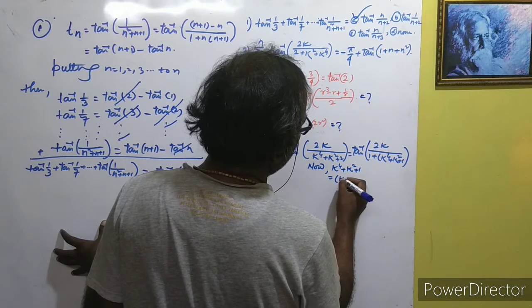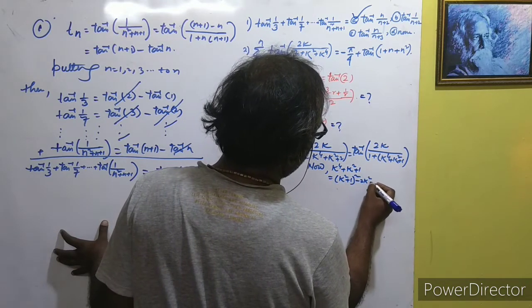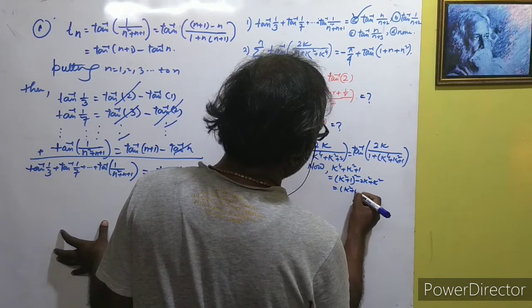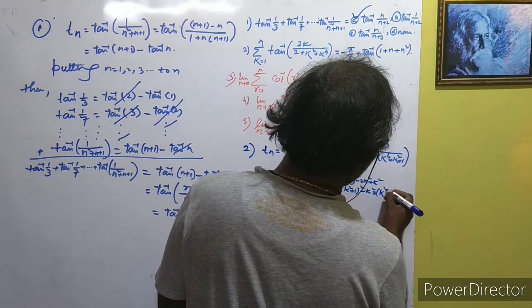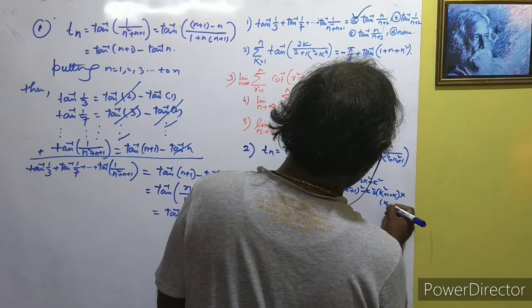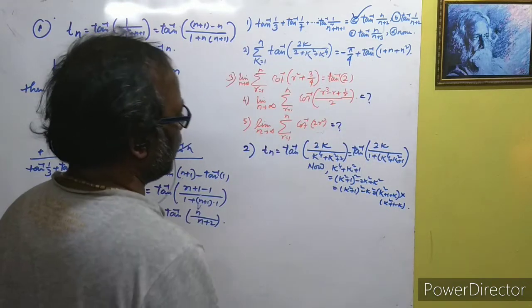The factor of k to the power 4 plus k square plus 1 is k square plus 1 whole square minus 2k square plus k square. So we get k square plus 1 whole square minus k square. Therefore, k square plus 1 plus k into k square plus 1 minus k. These are the two factors.